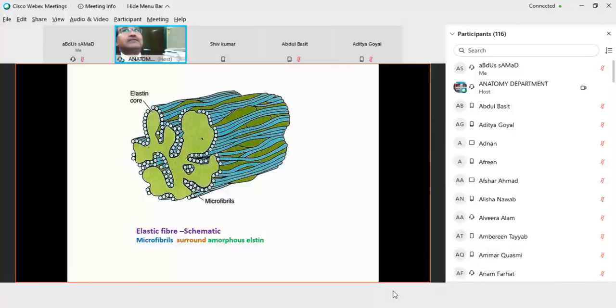This is a diagrammatic or schematic one to show what we mean by elastic fiber. So we have the elastin, which is amorphous, and the fibrillin, the microfibrils, are arranged around it, thereby forming the elastic fiber. This is a composite structure as compared to that of the collagen.